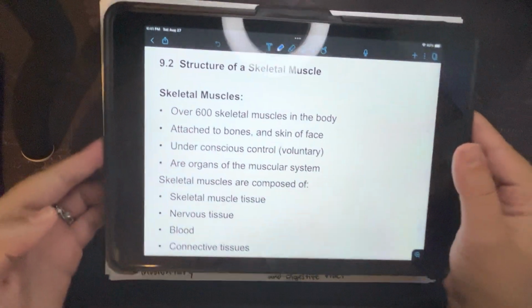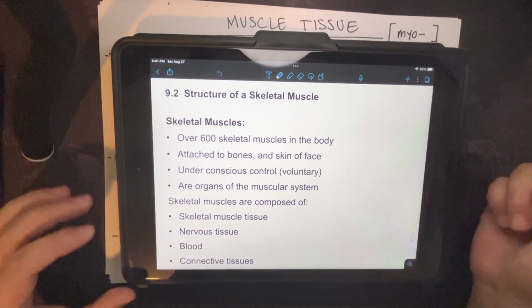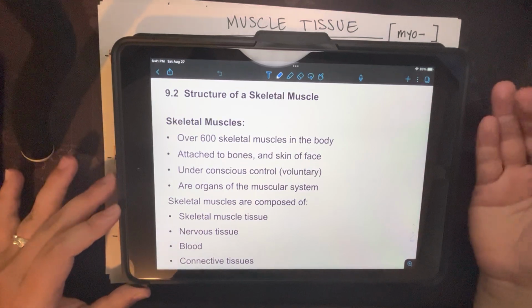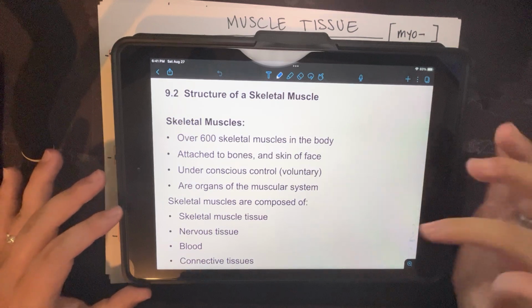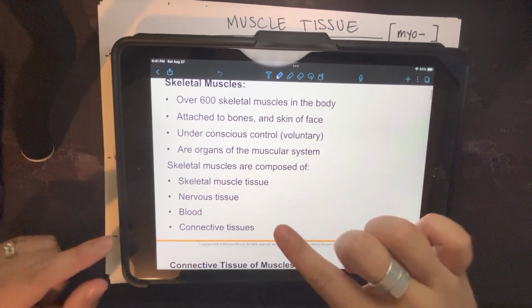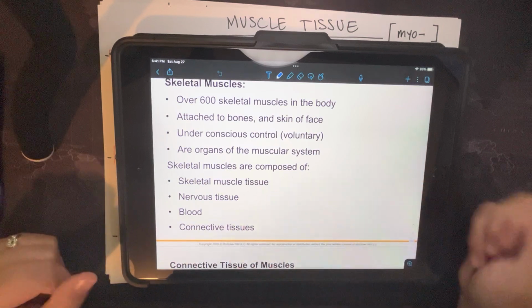While we're talking about our skeletal muscle specifically today, because we're discussing muscle contraction, mostly in our voluntary skeletal muscle, I want to remind you that our skeletal muscle, like our bones, also consists of more than just one type of muscle.